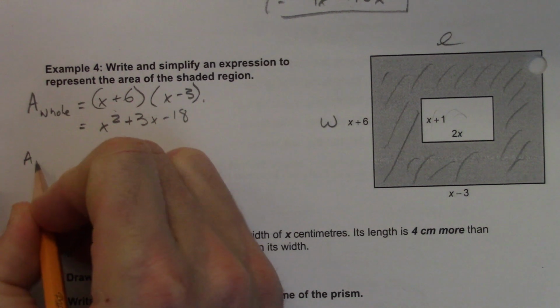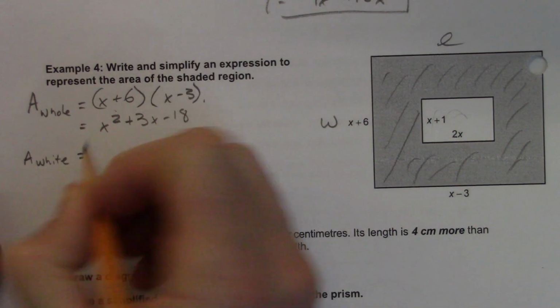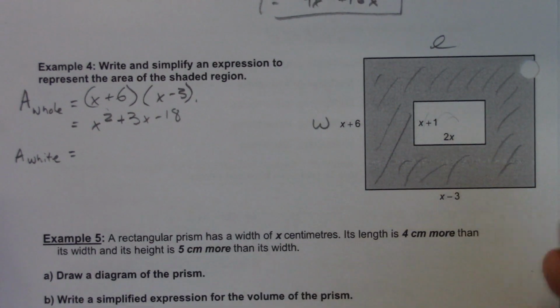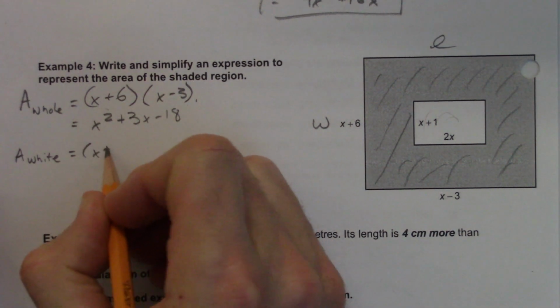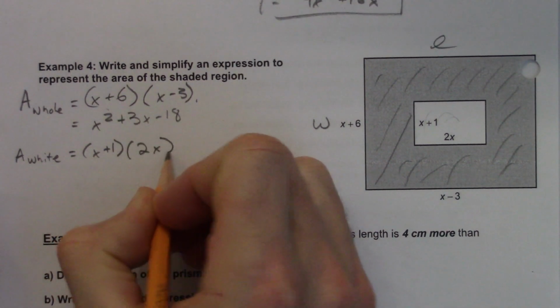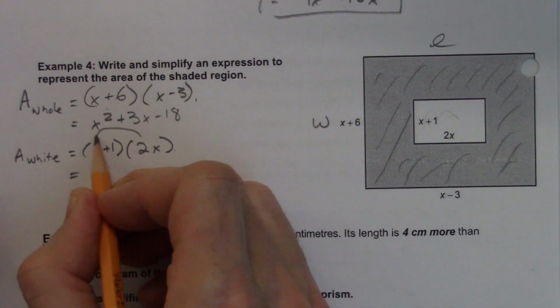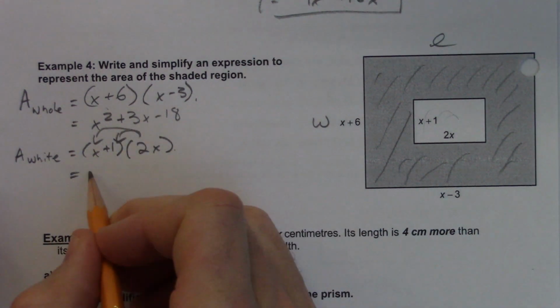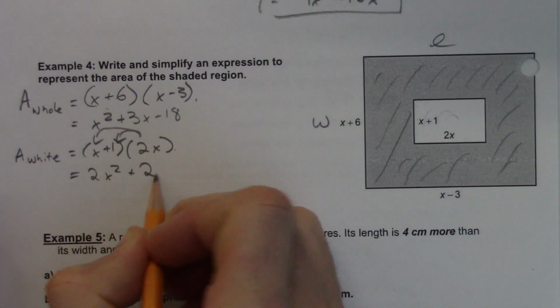So the area of the white portion now, this blank white area, is going to be x plus 1 times 2x. Okay, so I distribute the 2 to each one of these. I get 2x squared plus 2x.